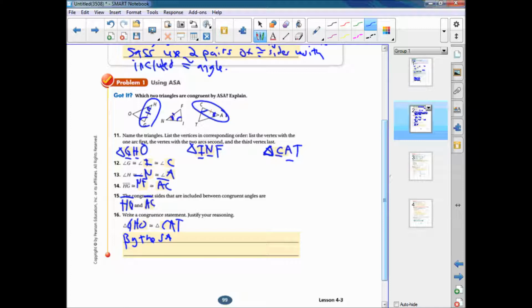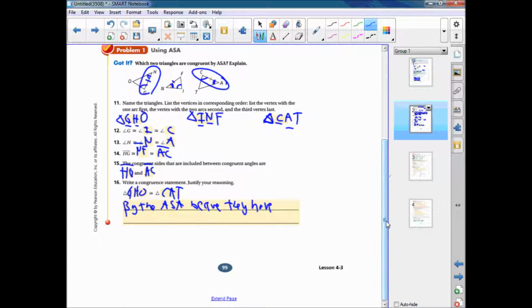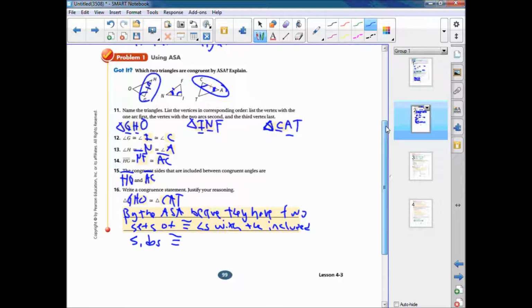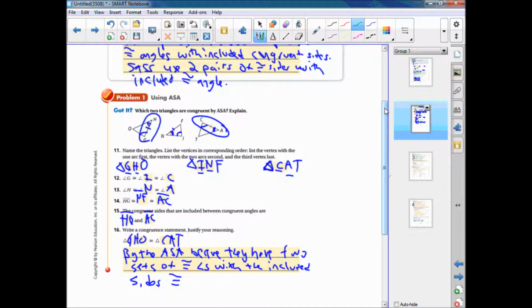Oh, sorry, not SAS, the ASA postulate, because they have two sets of congruent angles with the included sides congruent. Okay, so that one in the middle did not have the included side congruent. It really needed that side to be right there, NI to be the congruent side.